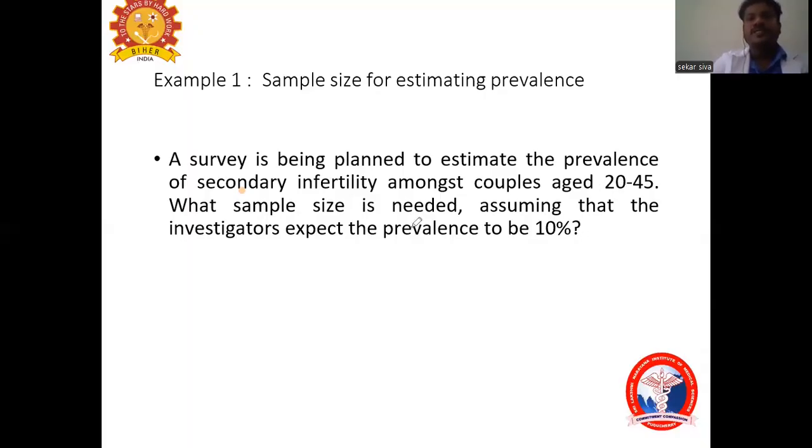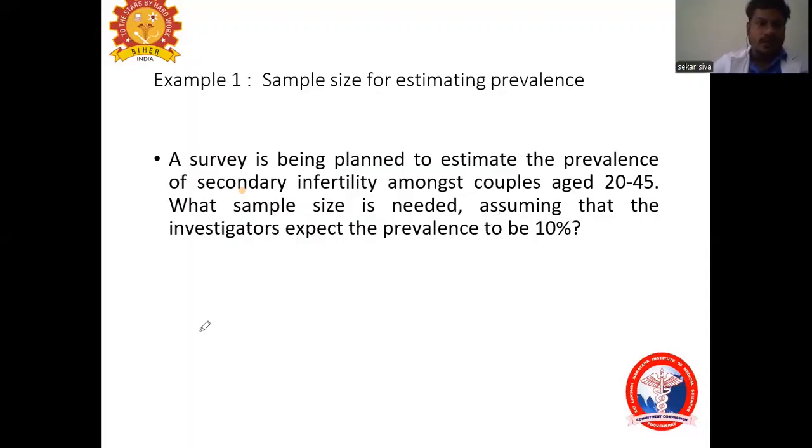The sample size is needed assuming that the investigator expects the prevalence to be 10%. So the investigator expects secondary infertility among couples aged 20 to 45 to be 10%.